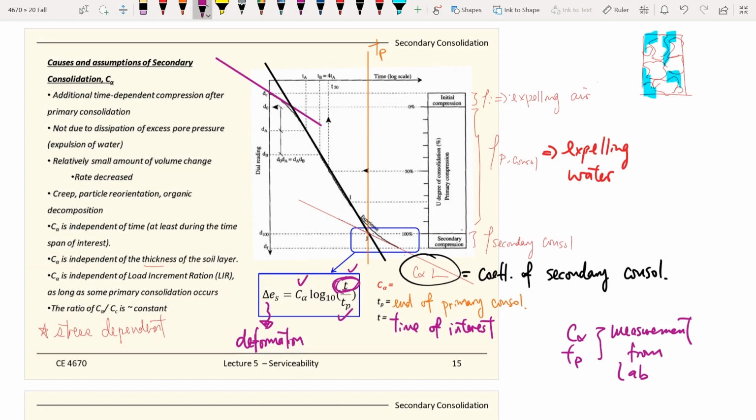For example, coming back from the lab, you know the end of primary is 40 years. So you know T sub P is equal to 40 years.